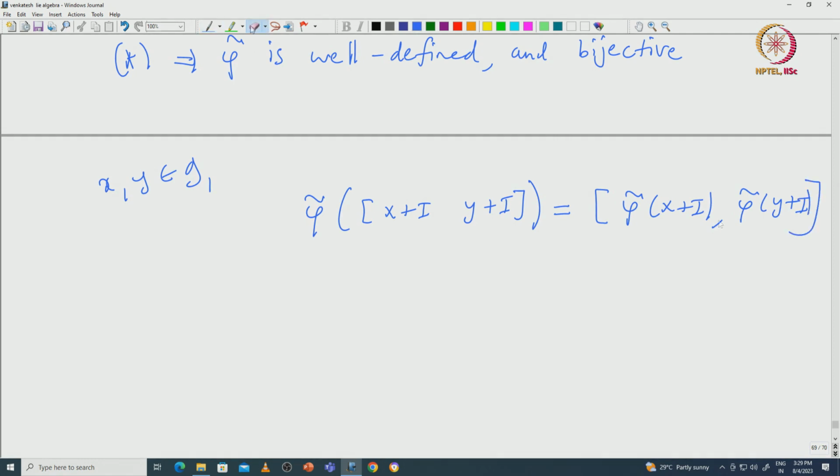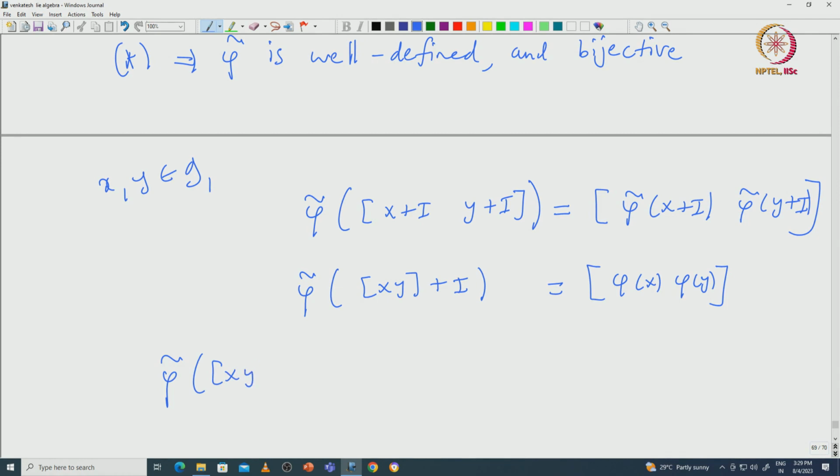So, what does it mean? You just rewrite this in terms of the maps. On the right side, this is nothing but phi of x and phi of y, but on the left side this is just phi tilde of bracket x y plus I, nothing more. But by definition, what is phi tilde of bracket x y plus I? It is nothing but phi of bracket x y. But phi is actually a Lie algebra homomorphism to begin with.